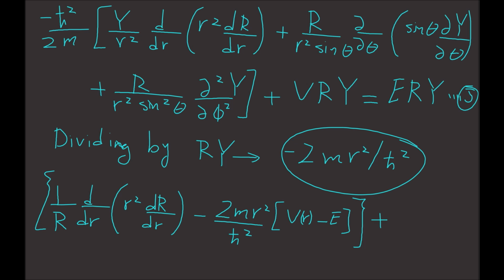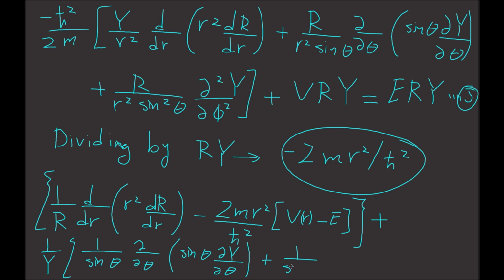Plus 1 divided by Y times 1 divided by sine of theta times the partial derivative with respect to theta of sine of theta times the partial derivative of Y with respect to theta, plus 1 divided by sine squared of theta times the second partial derivative of Y with respect to phi.